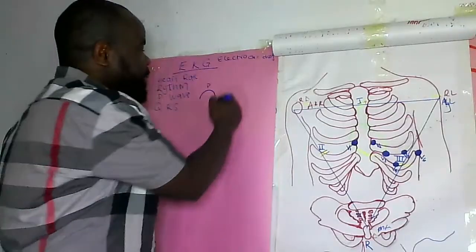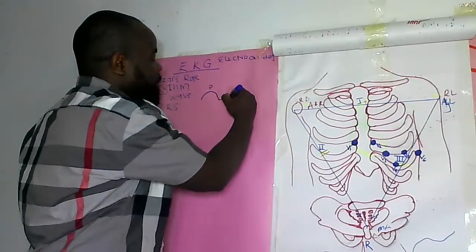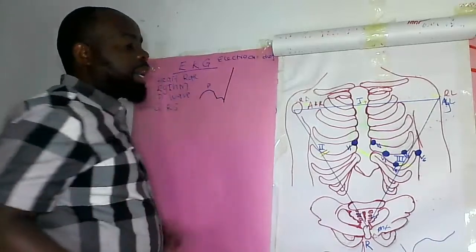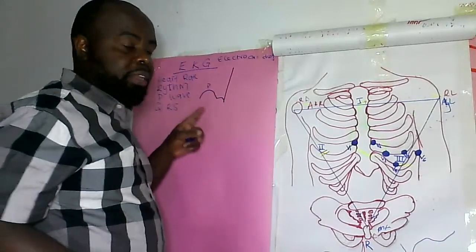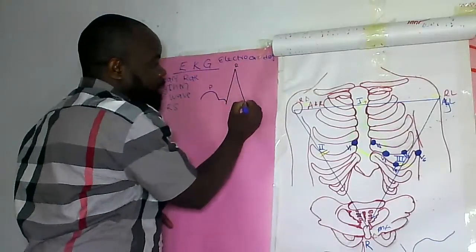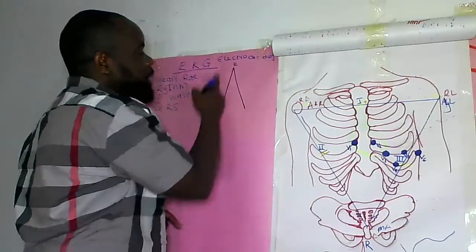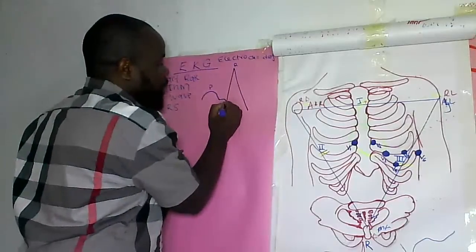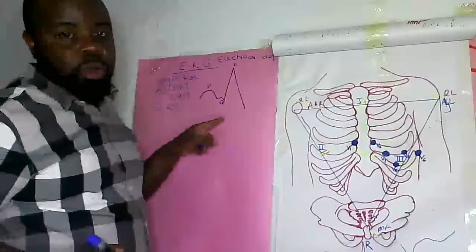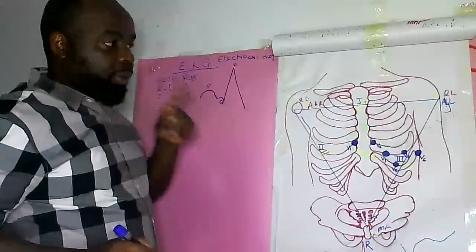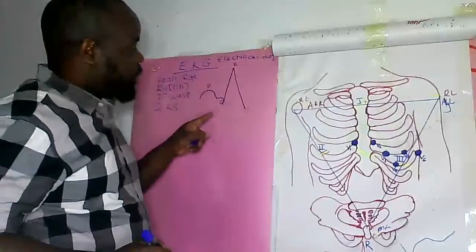So after the P wave, you have an R wave. This is an R wave for the ventricles, depolarization of the ventricles. And then you come down to the Q wave, when there is deflection of the atrioventricular node.